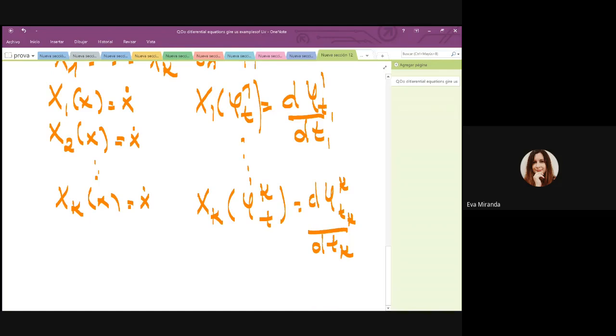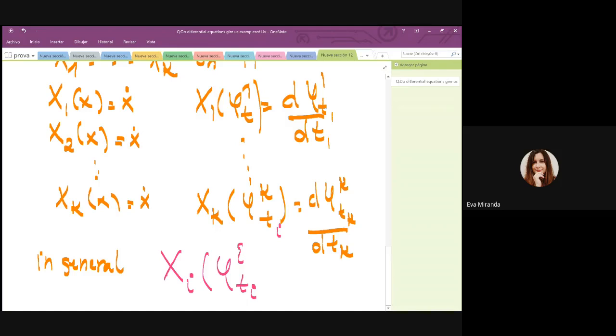So in general, we are considering vector field i, let's call it phi i, ti.